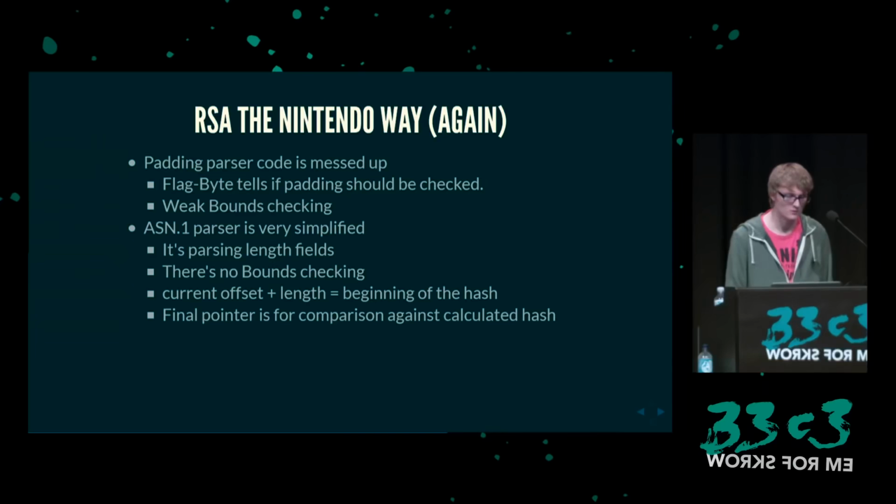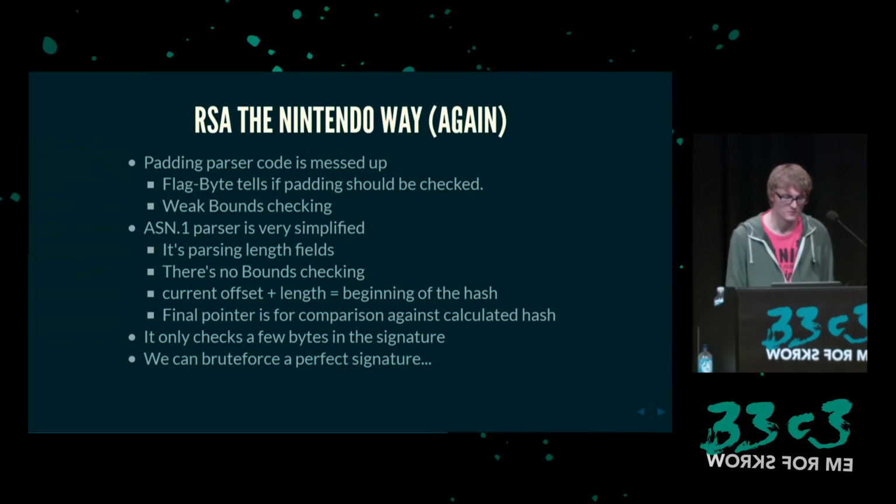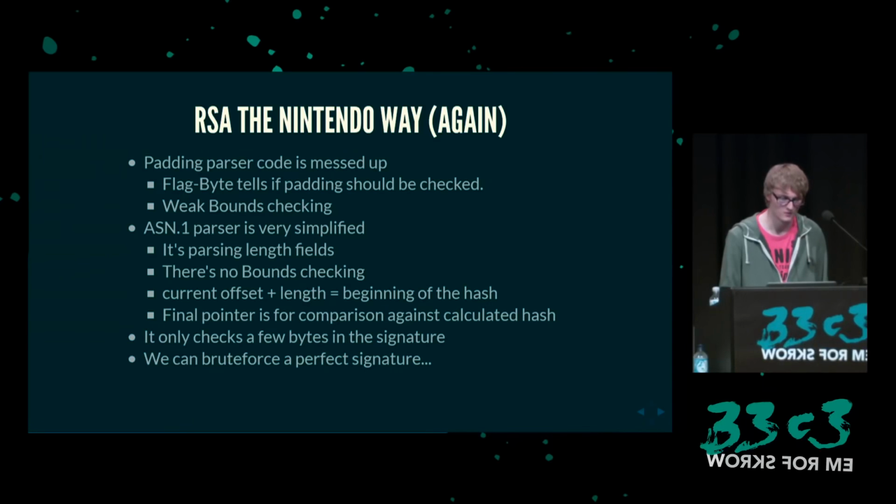All in all, you can say it only checks a few bytes in the signature because the padding parser is messed up, and also the ASN1 parser is really simplified. So what we can do is brute force a perfect signature where the final pointer, when it's done parsing the padding and the ASN1 data, matches the pointer of the calculated hash of the boot ROM.